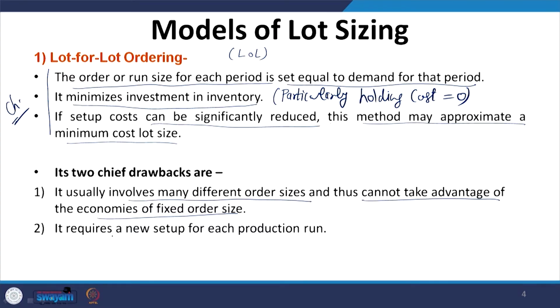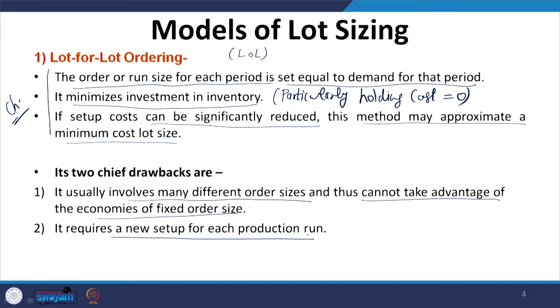So, it is one important downside that because of the variable size of order, you will not be able to take advantage of the economies of fixed order size. The second limitation is it requires a new setup for each production run, because every time you have a new order, you have to make jigs, fixtures and tooling for producing that order.